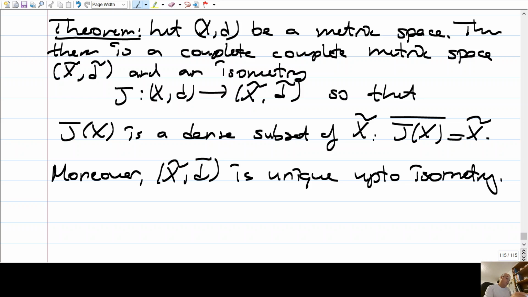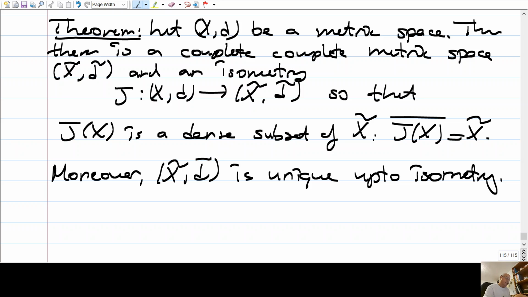If you have two completions for X, so if there are two metric spaces which contain X, and if these are both complete and the closure of X in those metric spaces is equal to the whole metric space, then these two metric spaces are isometric.